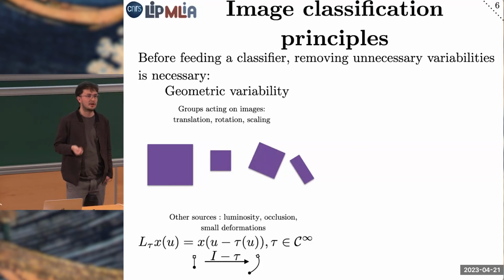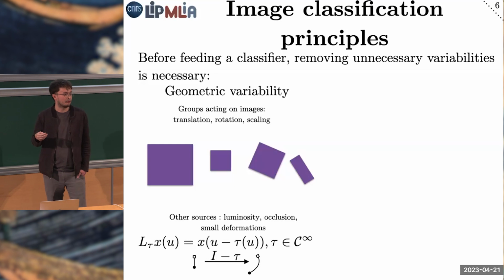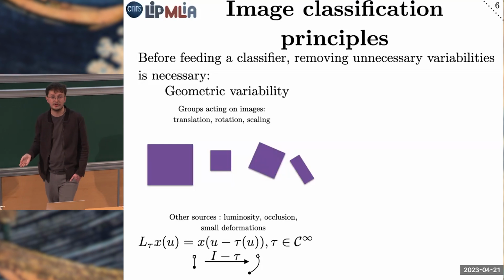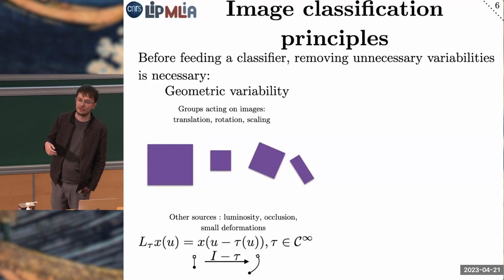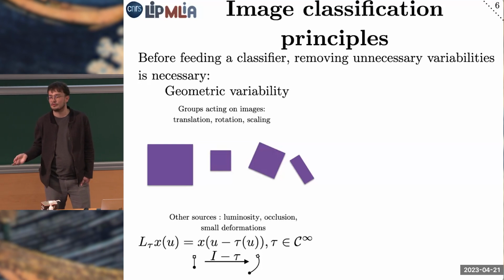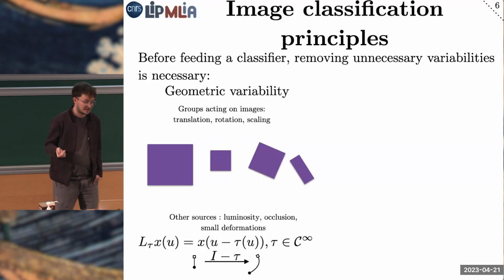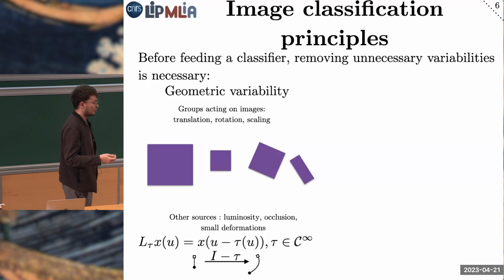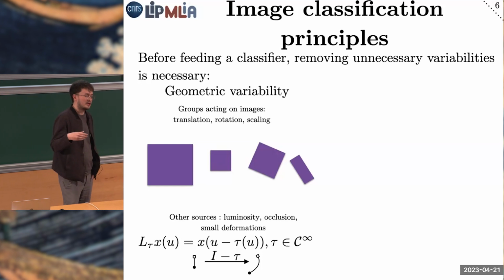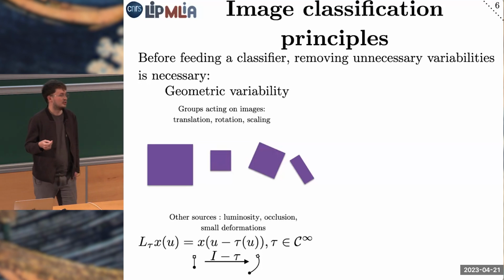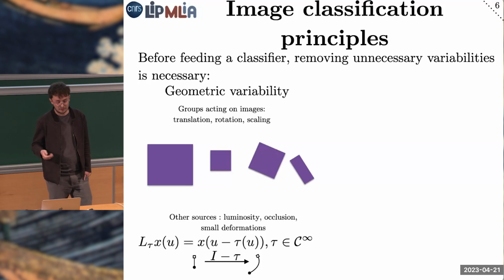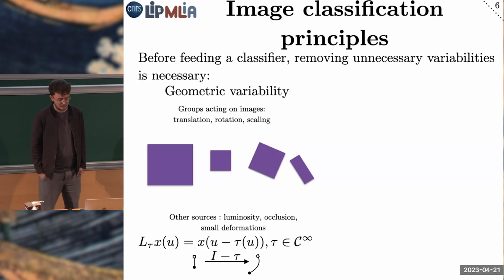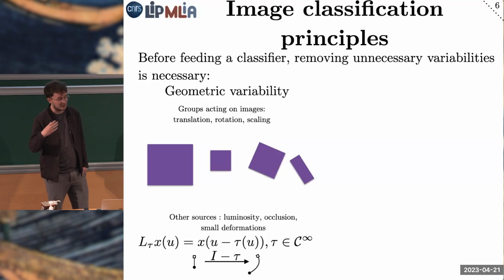In particular, by developing some framework where we have some models of geometric variability, for example translation, rotation of an image, scaling. There are also some other groups of variabilities which go beyond geometrical groups, like for example luminosity, occlusion, small deformation, and this type of variabilities which have an explicit formula.